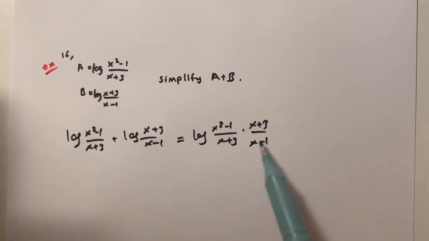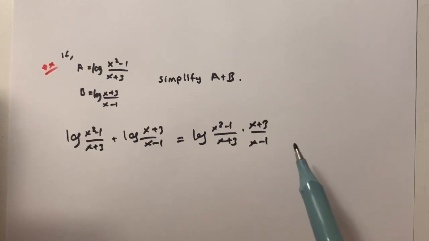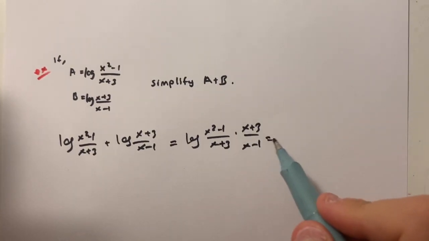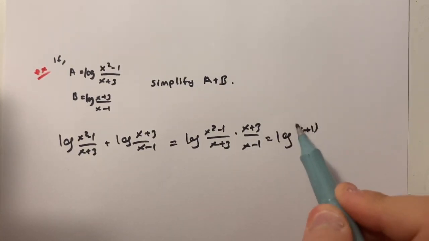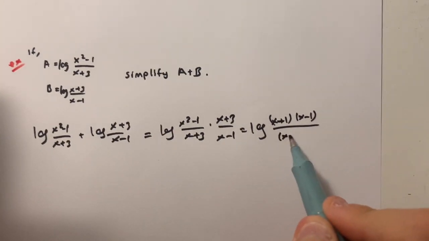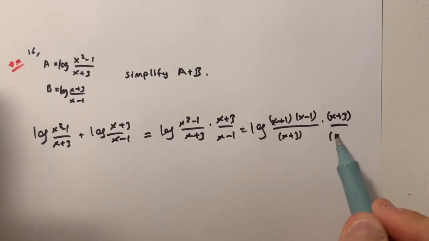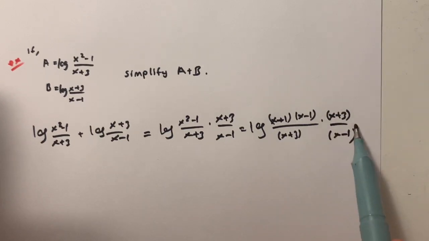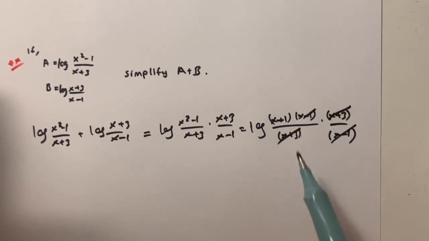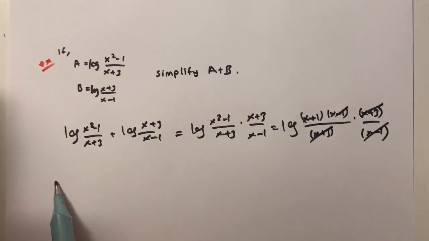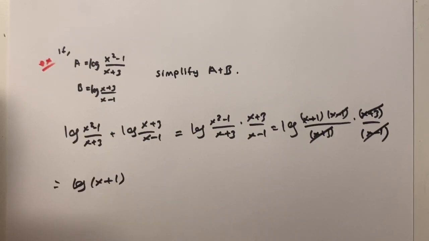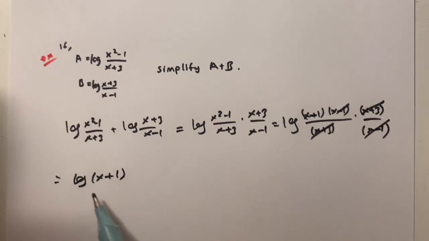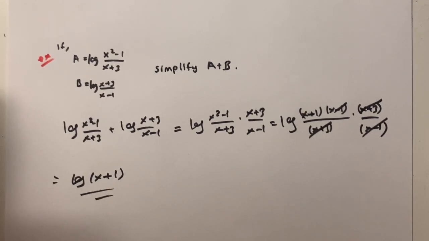And let's change this part by writing it differently like this. As you can see, these cancel each other, so we only have this. So as you can see, we simplified it into this one. We cannot simplify it anymore, so we're just going to leave it like that.